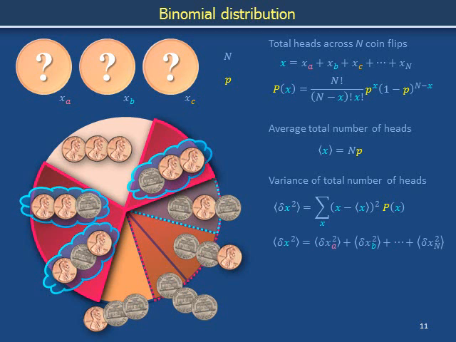The variance associated with the total number of heads equals the sum of the variances associated with the numbers of heads on individual tosses. Because the tosses are described by the same probability distribution and associated statistics, this corresponds to n copies of the same variance for the number of heads from an individual coin toss. In the last section, we derived that the variance for a Bernoulli trial is p times 1 minus p.